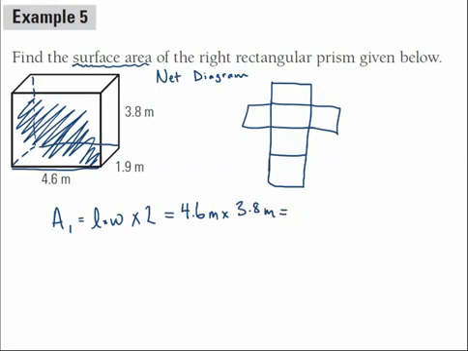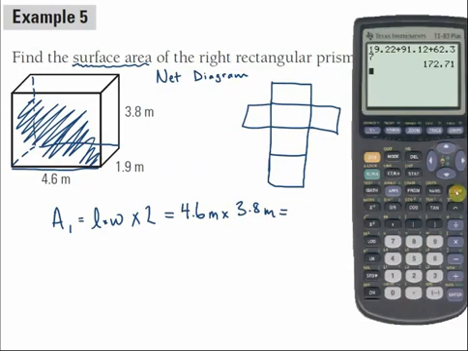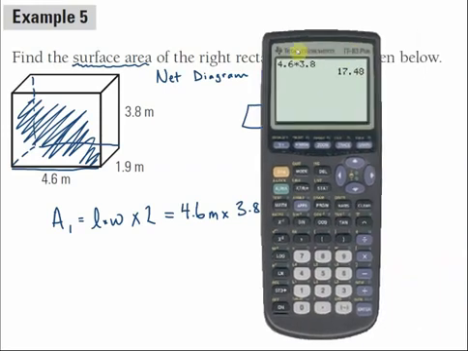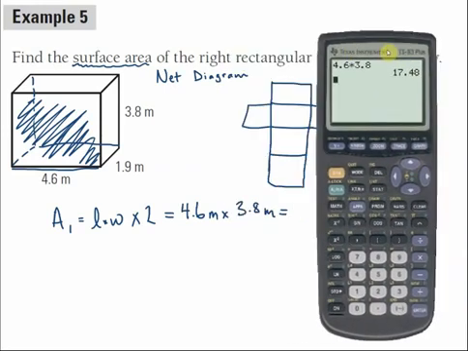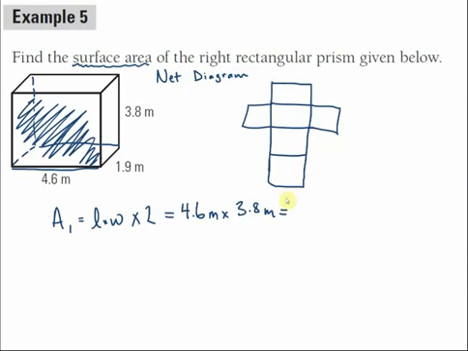Using the calculator, 4.6 times 3.8 is 17.48. Again, we're going to leave all the precision on the calculator until the very end. That's when you round. Okay, 17.48. I'm going to write that on there now: 17.48, and because it's meters by meters, it's meters squared.